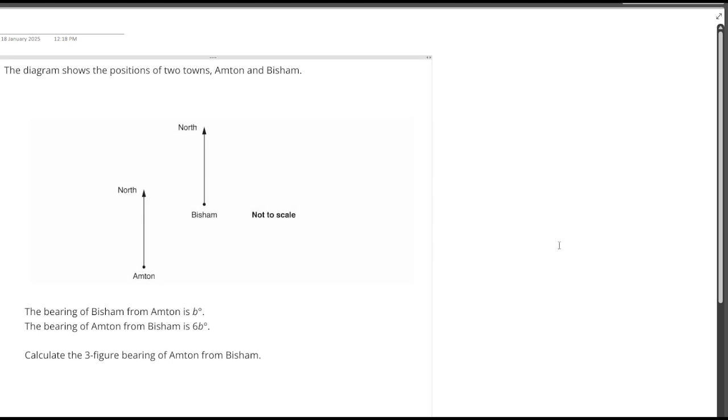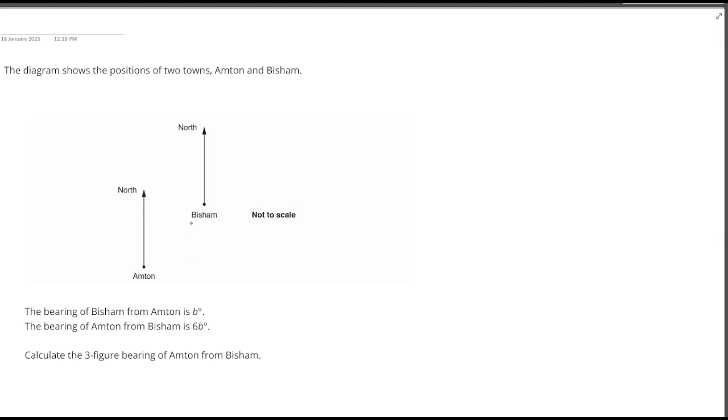As we are doing problems, they are increasing in level of hardness. Now this problem, the diagram shows the position of towns Empton and Bisham. The bearing of Bisham from Empton is B. So I will just join these two, and here the angle given is B degrees.